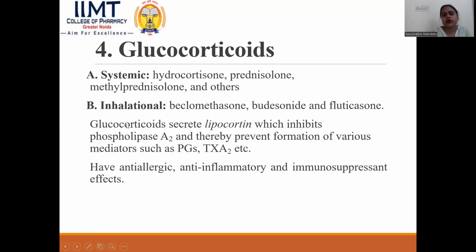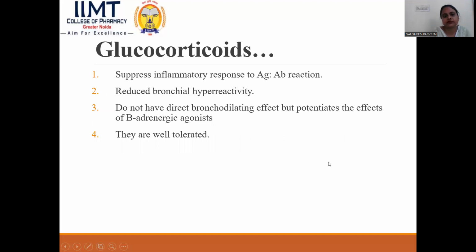Glucocorticoids induce lipocortin, which inhibits phospholipase A2 and thereby prevents formation of various mediators such as prostaglandin, TXA2, etc. And glucocorticoids have anti-allergic, anti-inflammatory, and immunosuppressant effects.